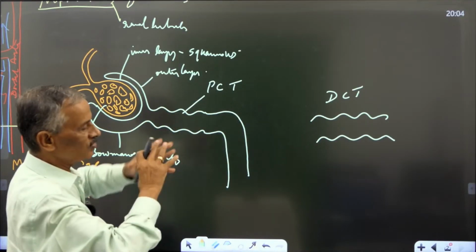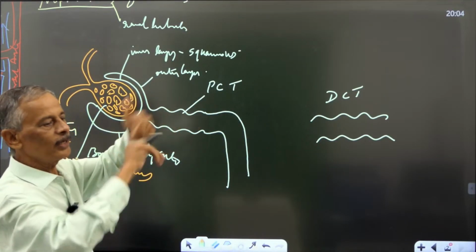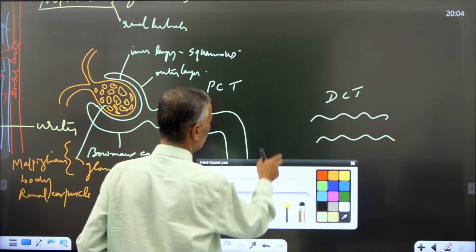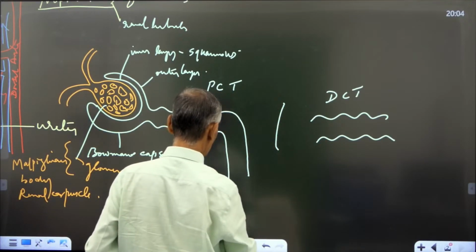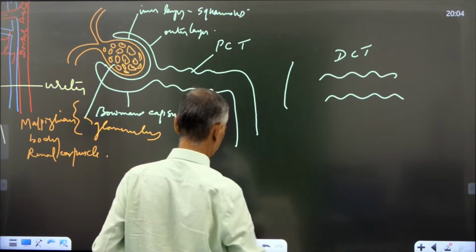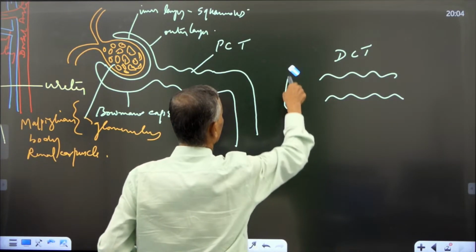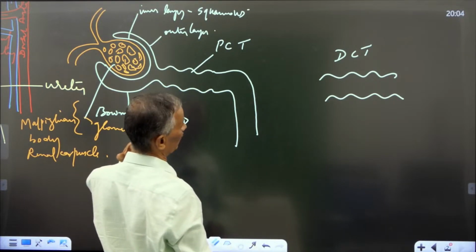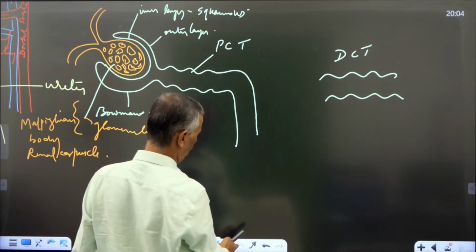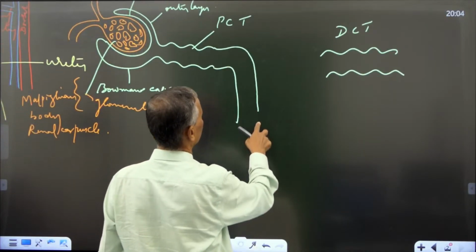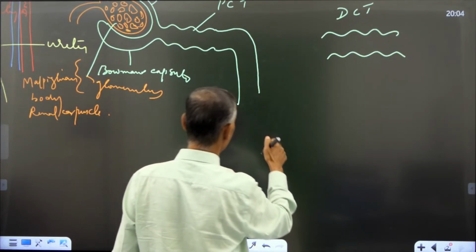Actually, it remains in the form of a highly coiled tube. And these two tubes are connected together by a special structure in the form of a loop or U-shaped structure called Henle's loop.